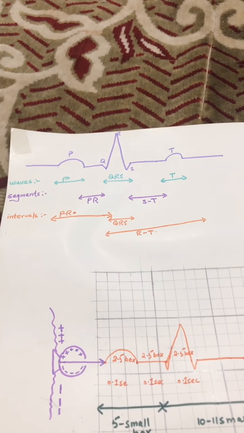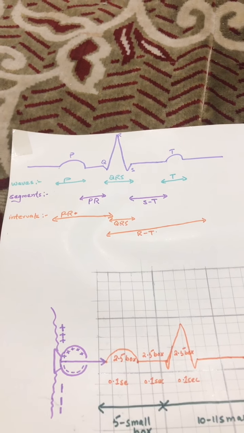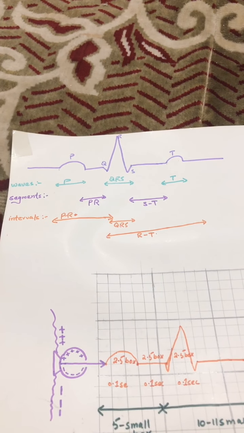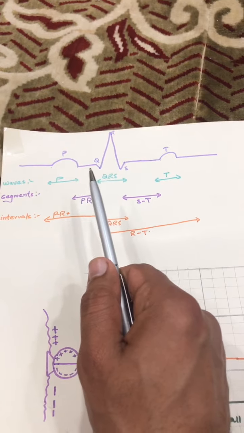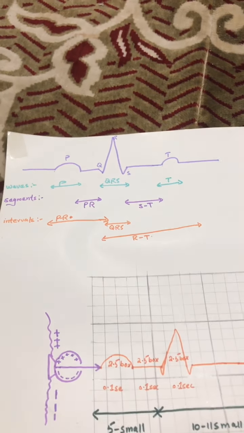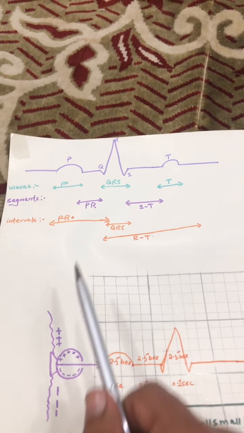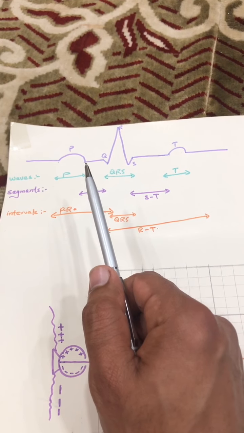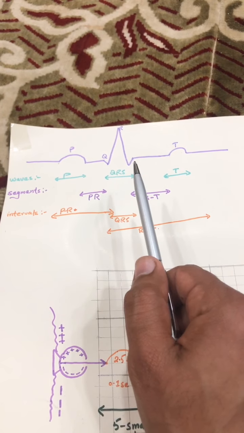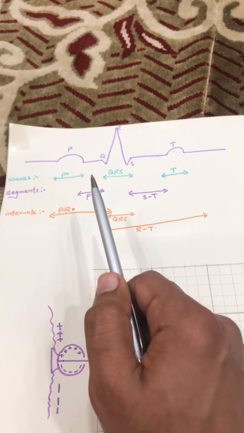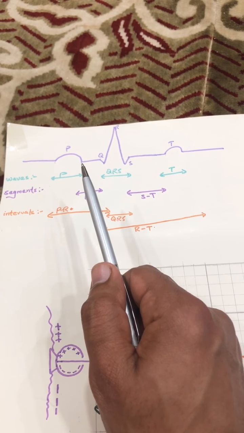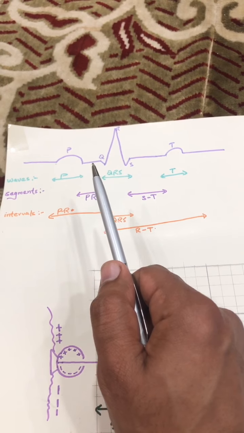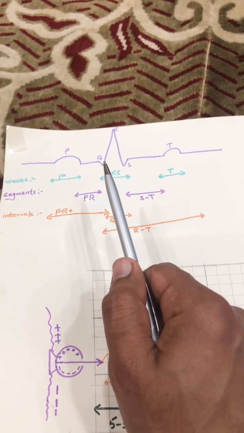There is a very simple thing you can remember about the segments: whenever you see the isoelectric line, the straight line in the ECG, that will be a segment. So there are two segments, one is the PR segment and the other is the ST segment. The PR segment starts from the end of the P wave and ends at the start of the R wave.